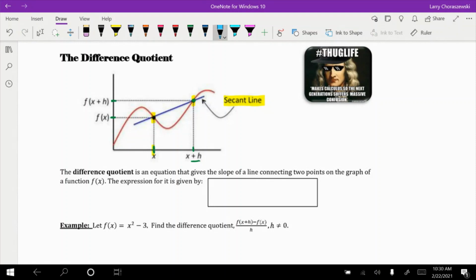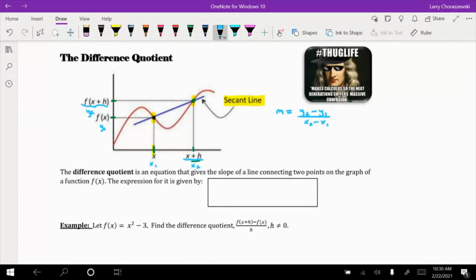The point I want to drive here is that the slope of the secant line is really just a special adaptation of our formula for slope that we looked at in chapter 2, where it was y2 minus y1 all over x2 minus x1. And in this diagram, we can label just regular x as our x1, and then x plus h as our x2, which means that f of x would be our y1, and f of x plus h would be our y2.